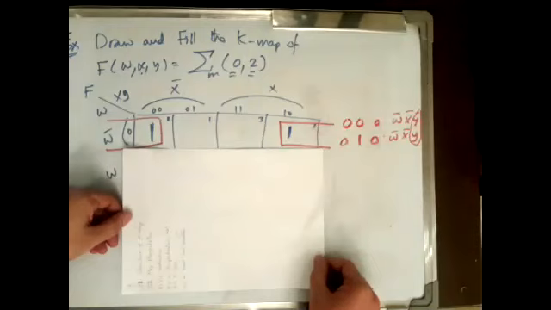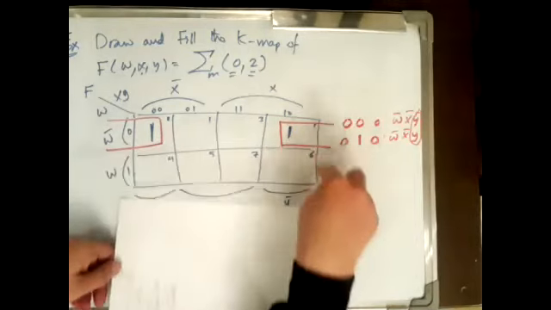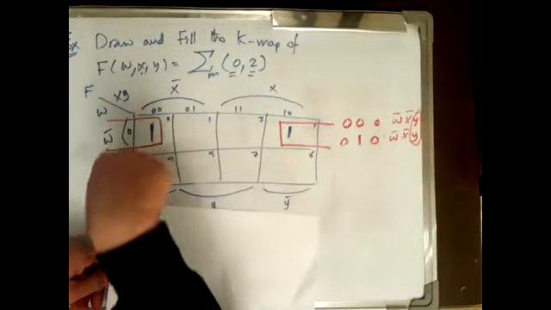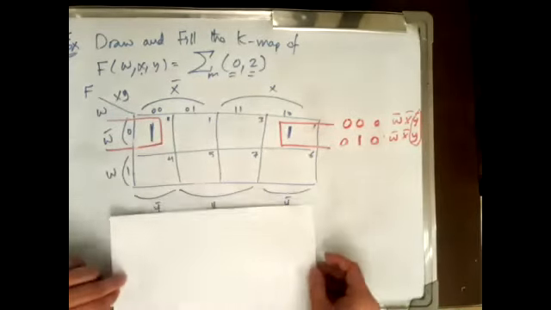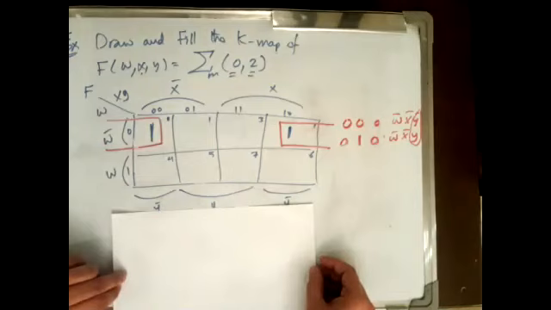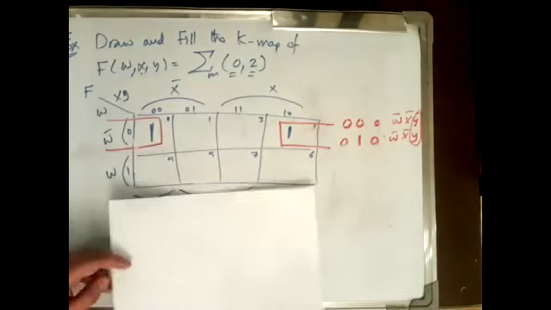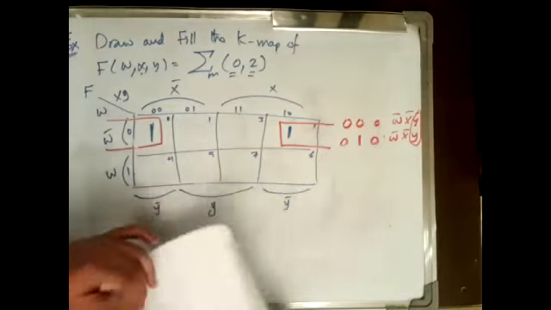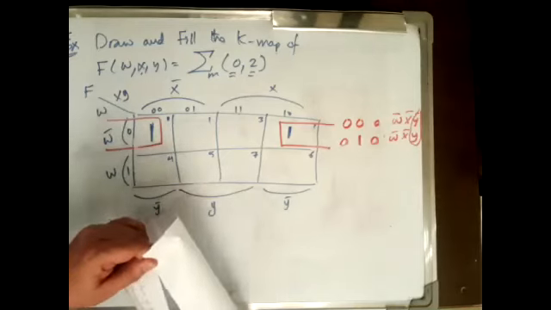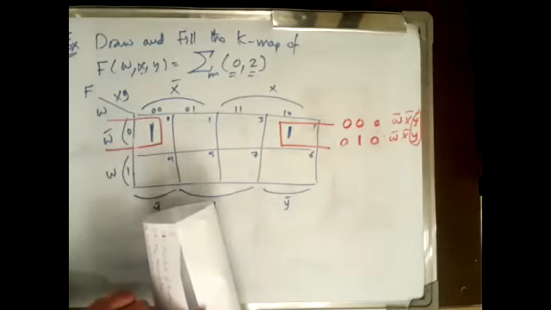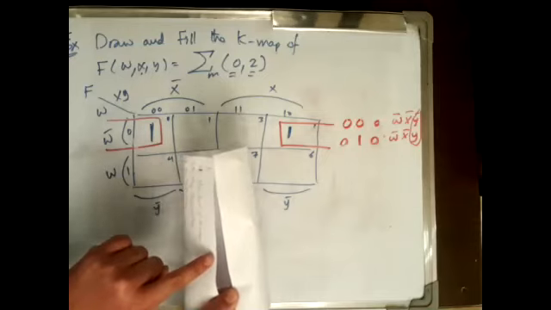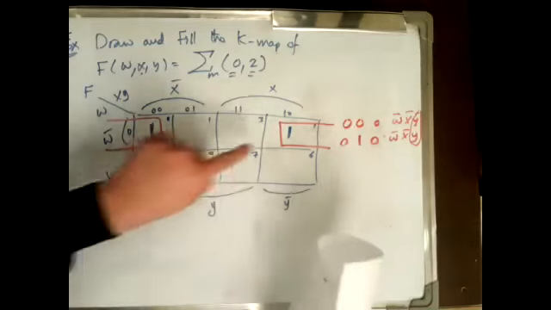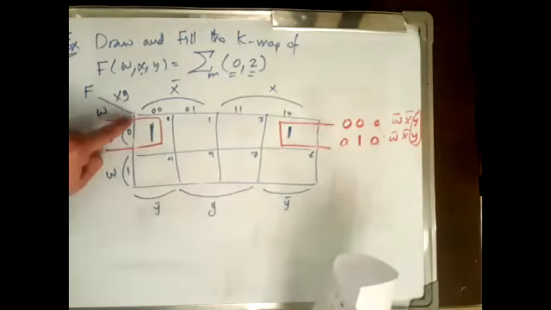So this edge is essentially touching this edge. So it is a cylinder. It is like this, and then we roll it like this. So this edge becomes touching this edge. So this square on the map is basically adjacent to this square.